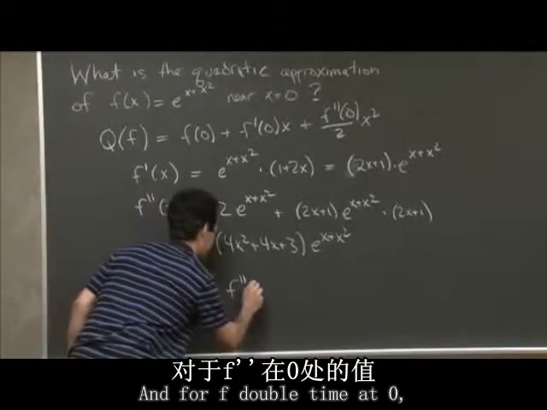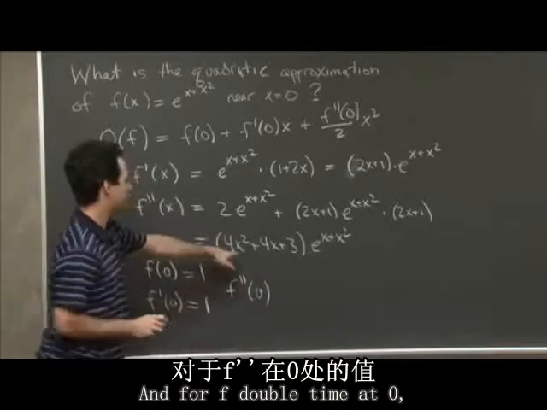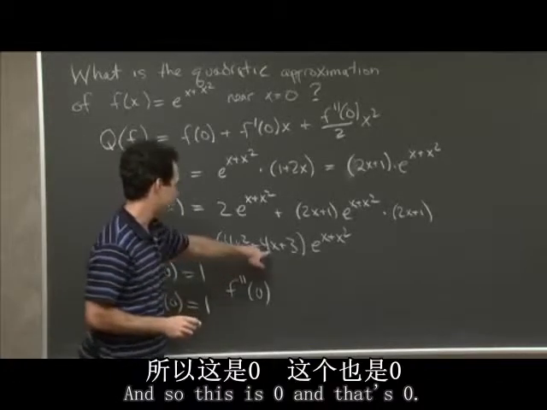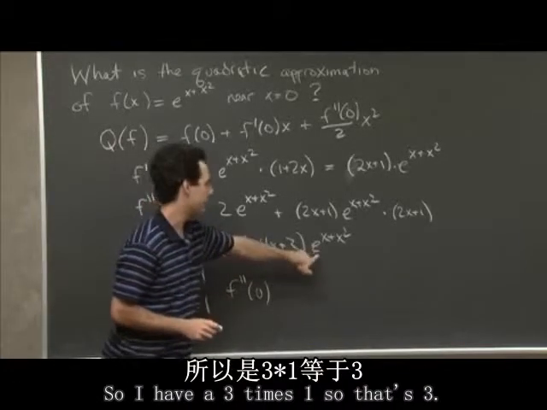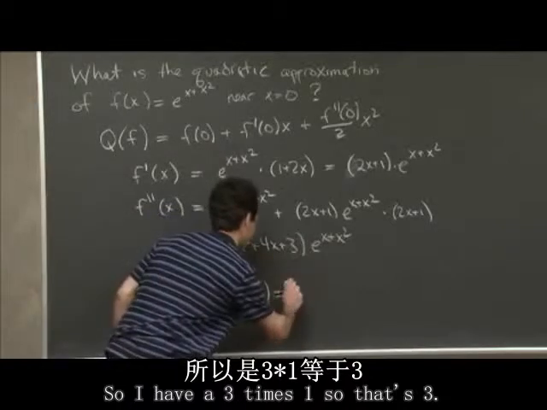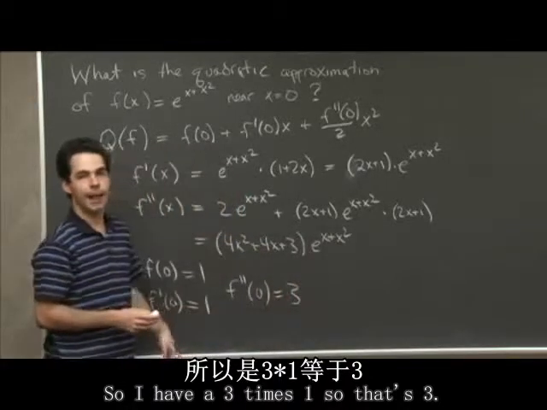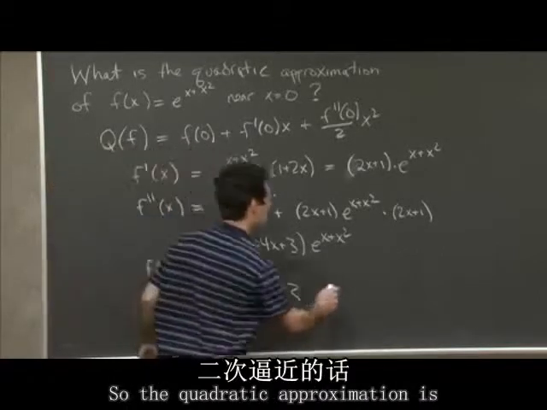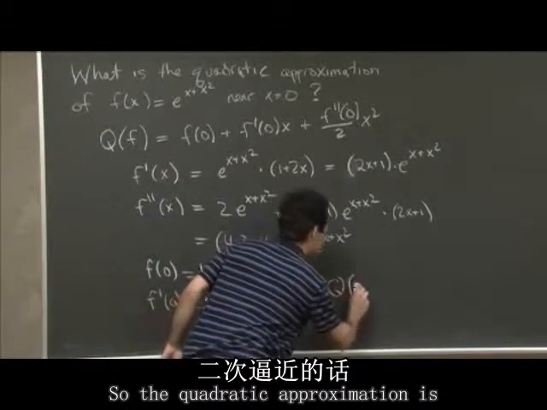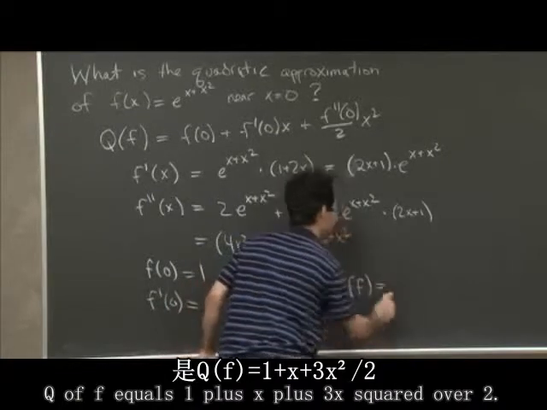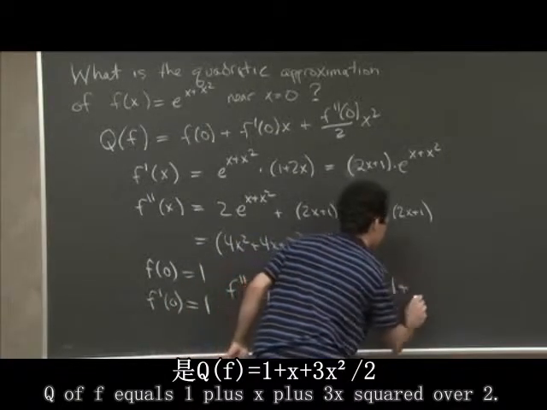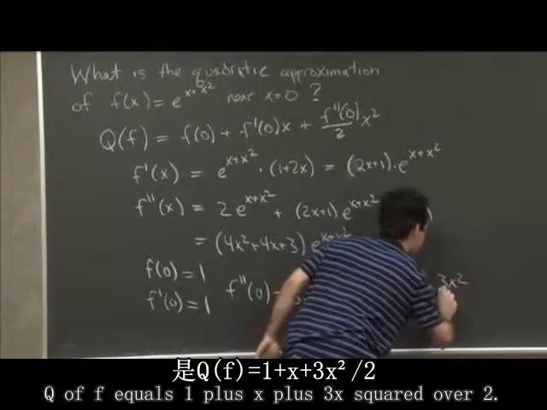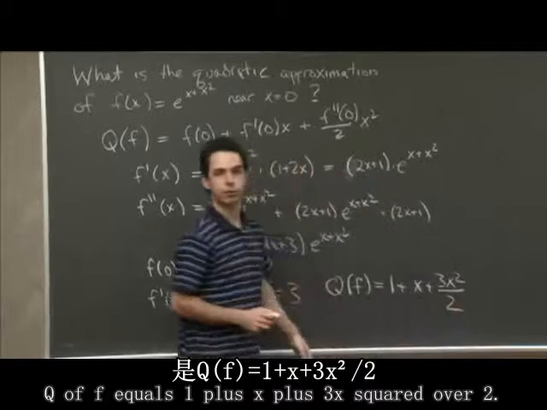For f double prime at 0, I go to my formula for f double prime and put in 0. So the x terms are 0, and I have a 3 times 1. So that's 3. Now I just take these three values and plug them right into my formula. So the quadratic approximation is 1 plus x plus 3x squared over 2.